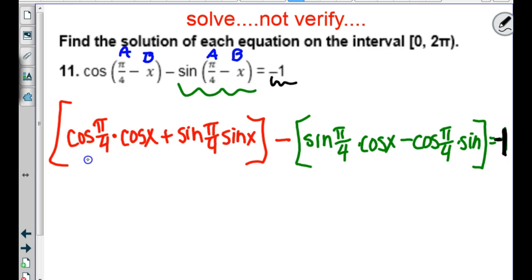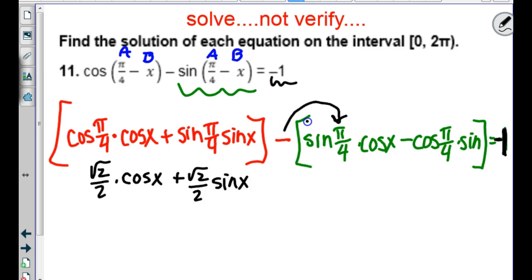What are the cosine and sine at pi over 4? So we have square root of 2 over 2 cosine of x plus square root of 2 over 2 times the sine of x. Can we distribute this negative as we go, guys?